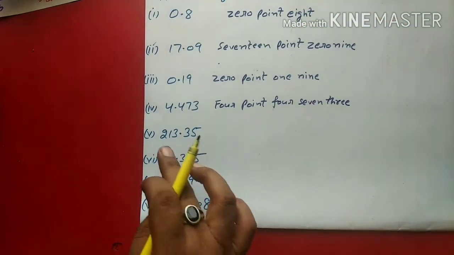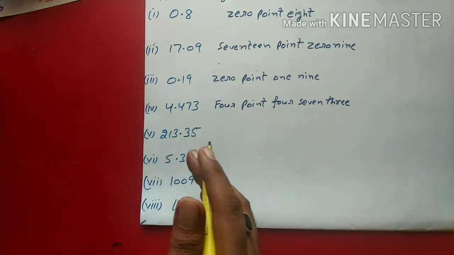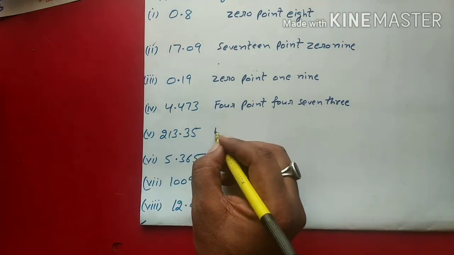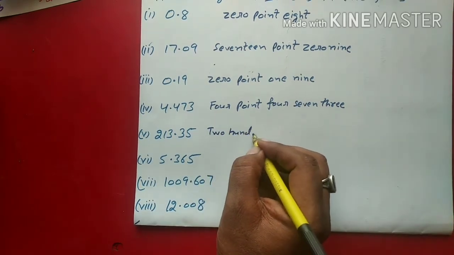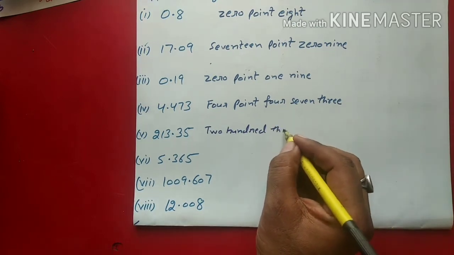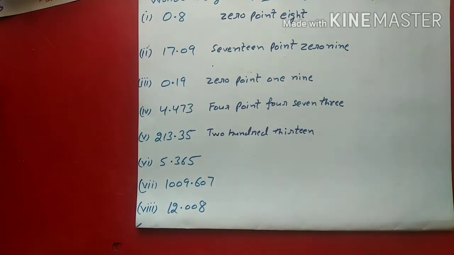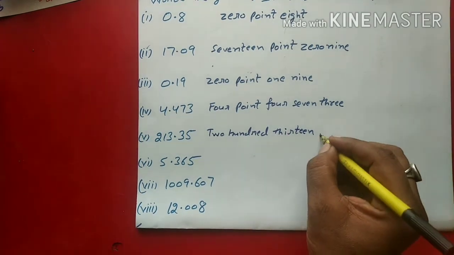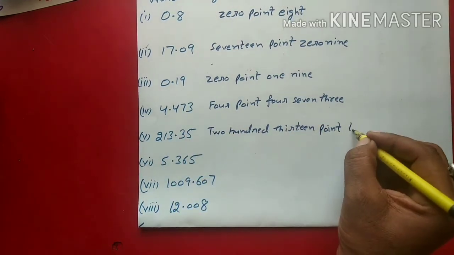Now 213, this is on the left hand side of the decimal, so I will write this 213. And after that point 35.